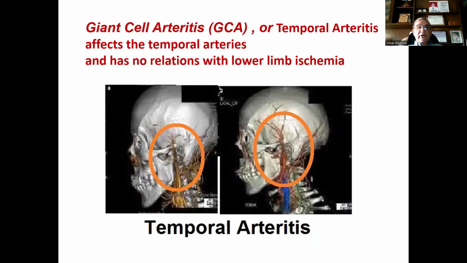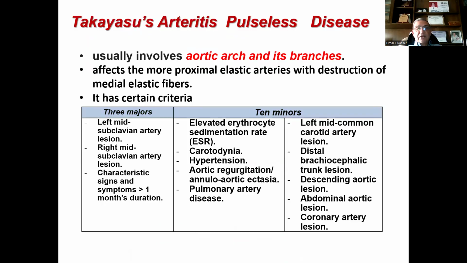So giant cell arteritis or temporal arteritis affects the temporal arteries and has no relation with lower limb ischemia. And this is Takayasu arteritis. To remember it, it usually involves the aortic arch and its branches, and affects the more proximal elastic arteries with destruction of the medial elastic fibers.